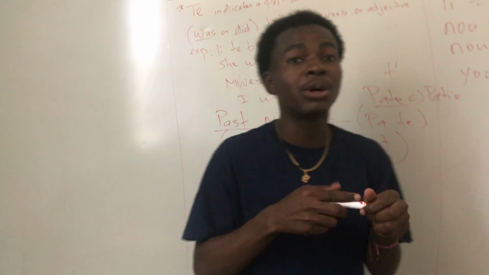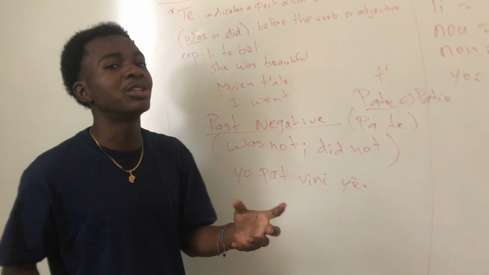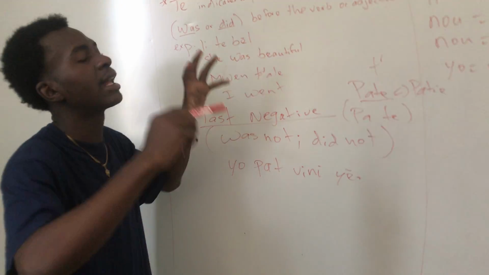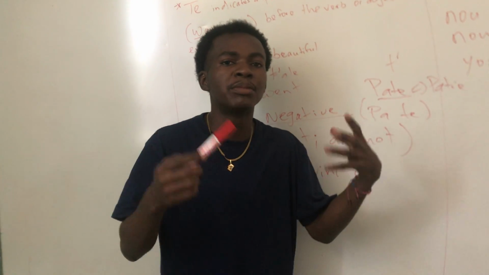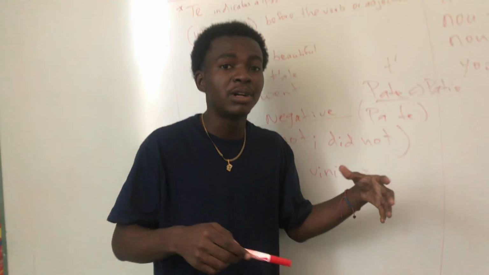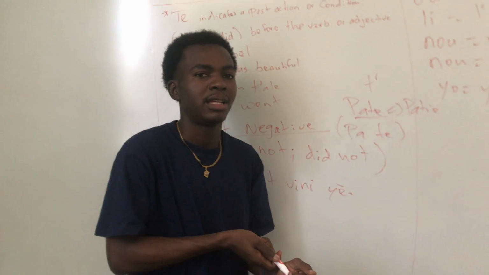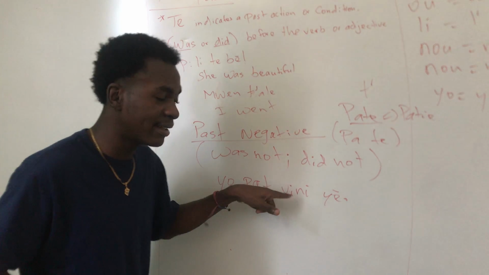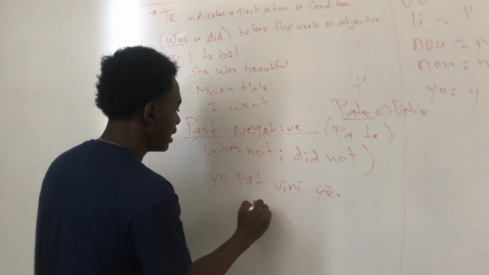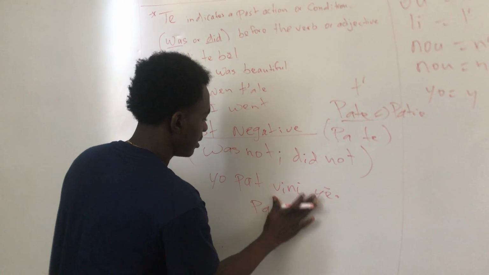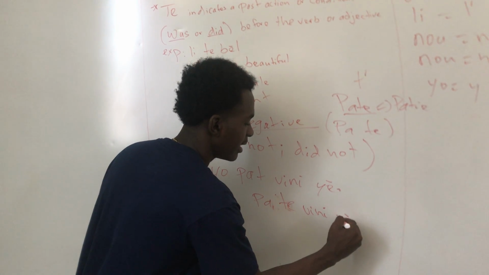If you're one of those persons who asks me, Daniel, where is the T in this sentence, then I'm gonna again tell you that Haitian Creole is a language which the people, this nation, speak mostly with contraction forms. So Yo pat vini yè is the same as if I would have written it: Yo pa ti vini yè.